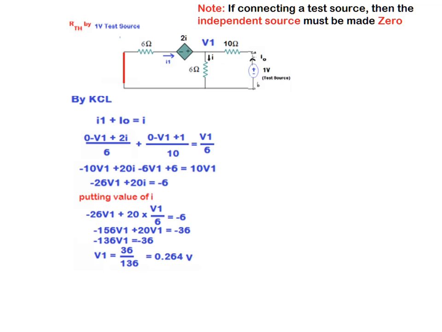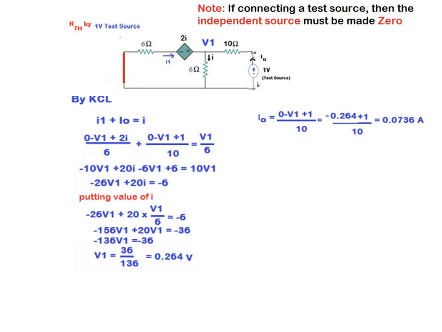Now if you want, you should pause this video and go into the details of the working as to how I got this equation. And now we are interested in finding I naught. We have seen from here, this is the equation for I naught.